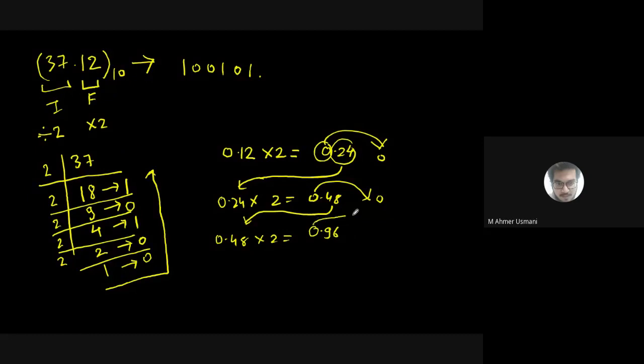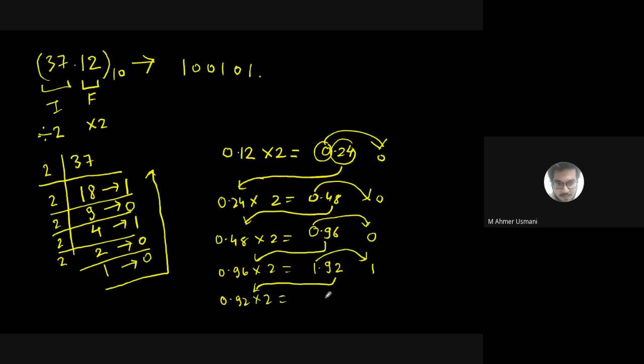So this 0 will come over here and 0.96 goes to the next step. 0.96 multiplied by 2 will be 1.92. Now this 1 will come over here and 0.92 will come over here. 0.92 multiplied by 2 gives 1.84. Again this 1 will come over here and 0.84 will go down.